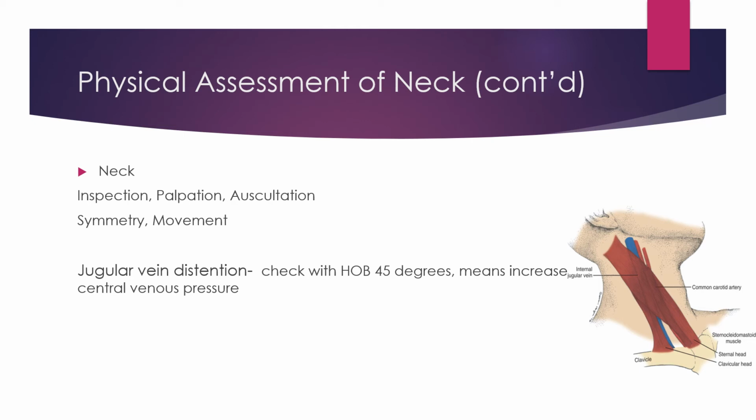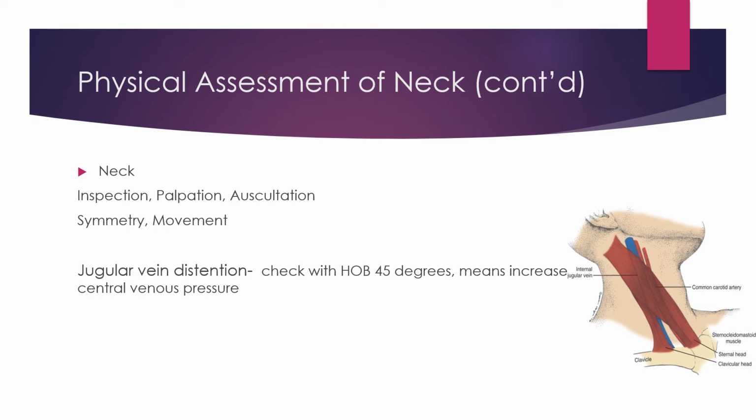Inspection, palpation, and auscultation of the neck would also involve looking for symmetry of the neck and symmetry of the sounds when you're auscultating in the neck area. For jugular vein distension, you're going to note that assessment is going to be done with the head of the bed at 45 degrees.